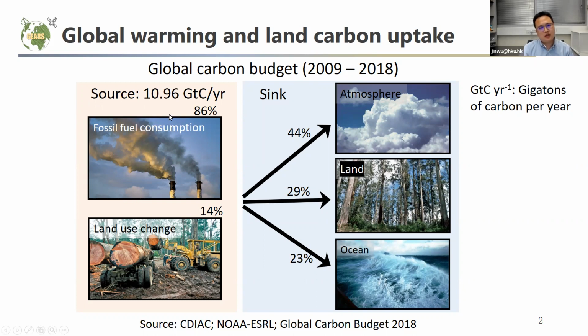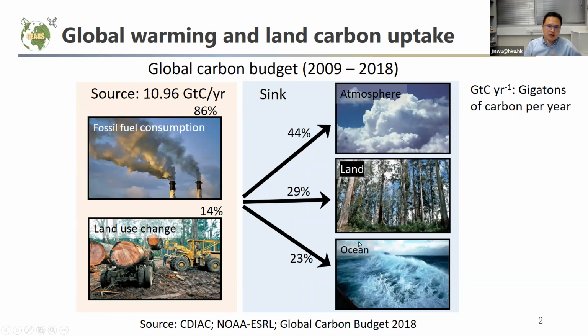The panel shown here on the left summarizes two major sources of anthropogenic CO2 emission, including fossil fuel consumption and land use change. At least, human-emitted CO2 will go somewhere, and about 44% goes to the atmosphere, causing global warming, and the remainder is absorbed by the land and ocean.